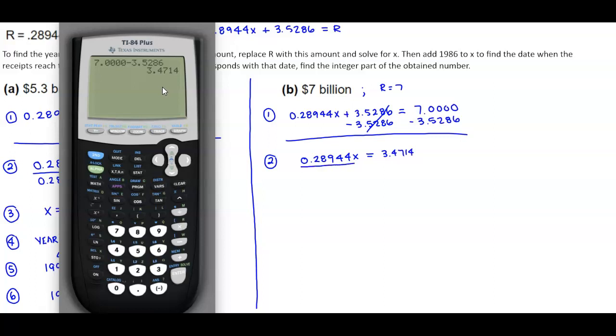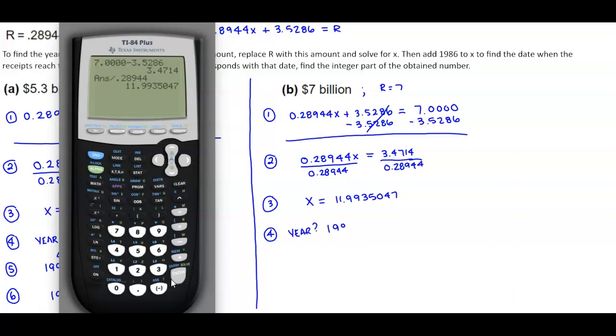Now, in order to solve for x, we're going to divide both sides by 0.28944, and then determine what x is going to look like. So we're going to divide this number by 0.28944, and that gives us 11.9935047.